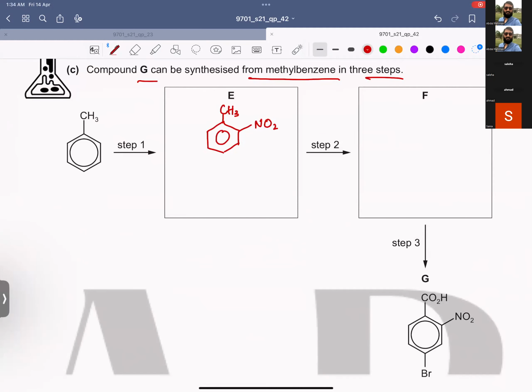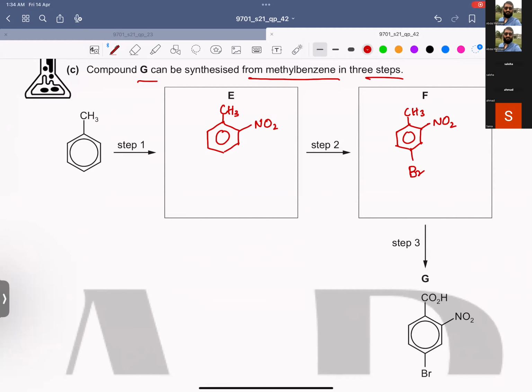And if I further do the bromination, as the methyl group is electron donating, it would substitute bromine over here.